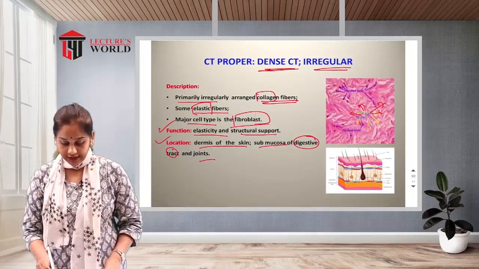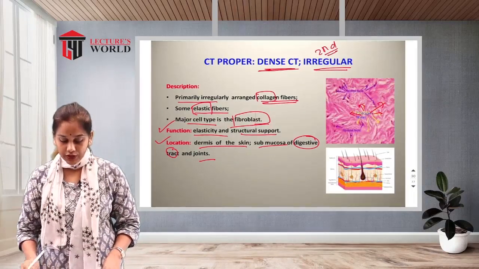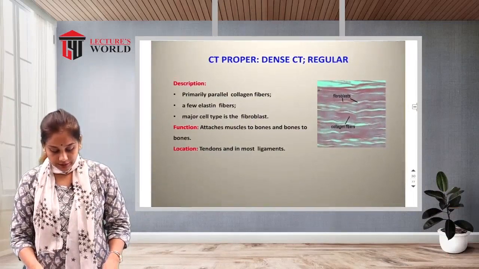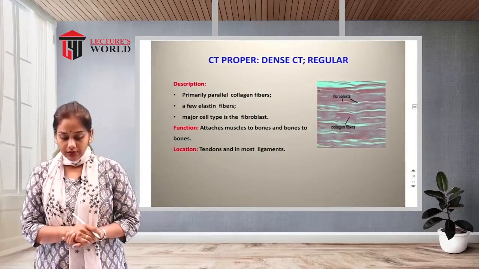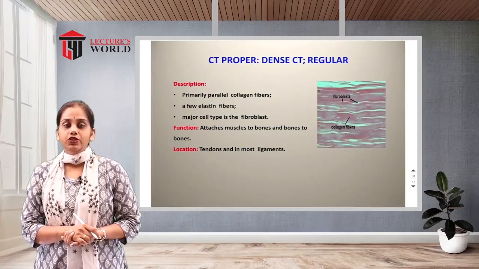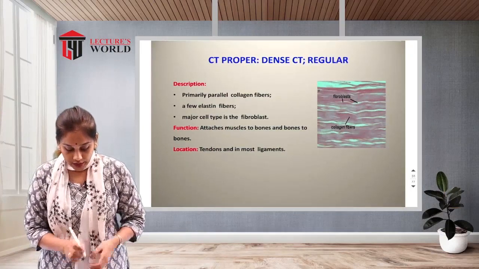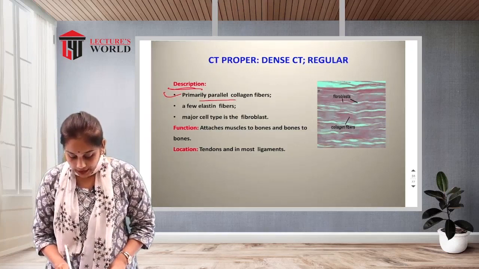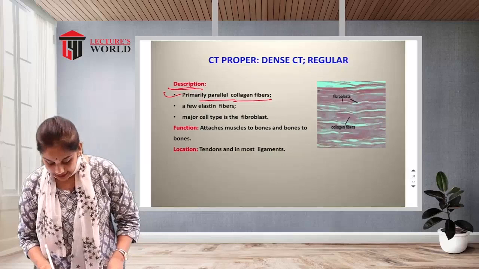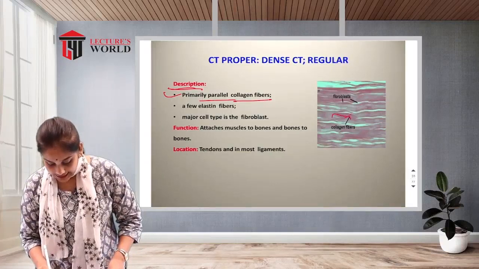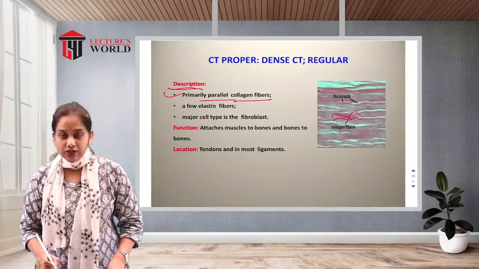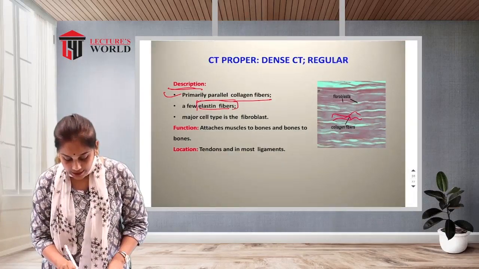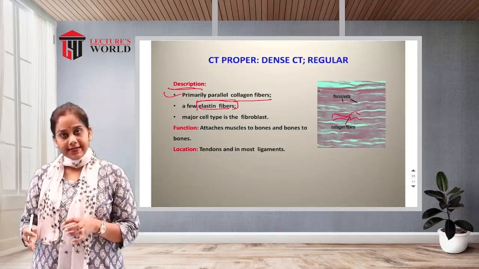The second portion is regular dense connective tissue proper. Introduction: there are primarily parallel collagen fibers. You can see here the collagen fibers are parallel, with a few elastin fibers.